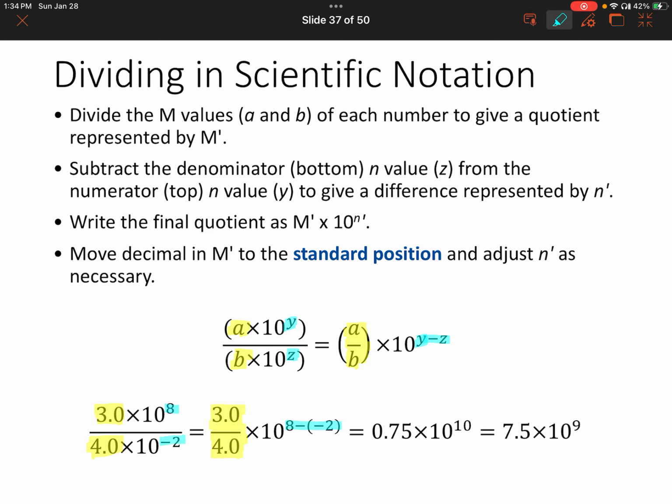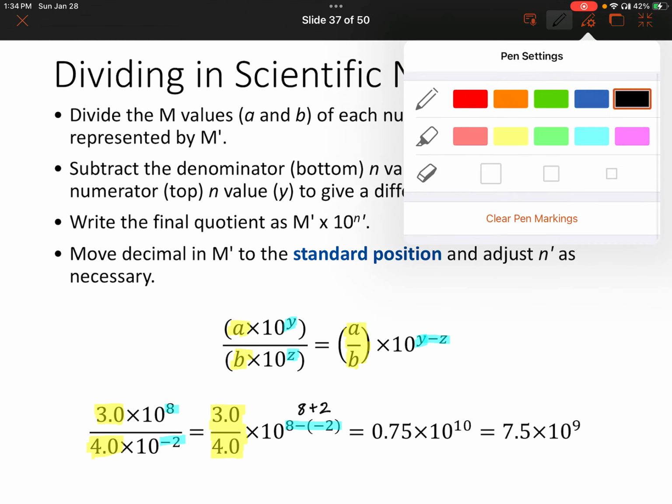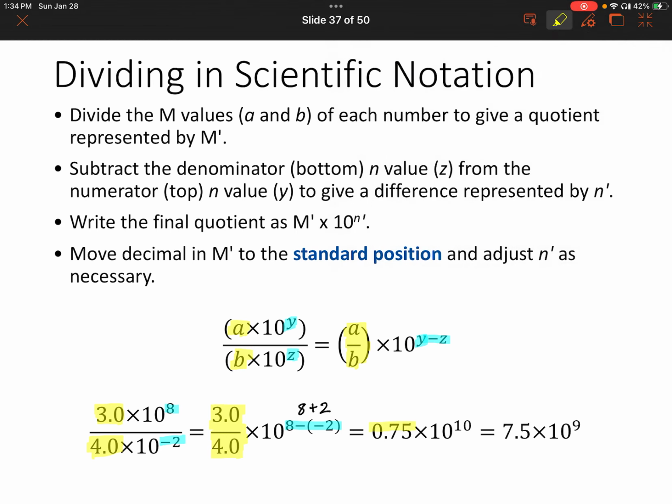Now remember, when you subtract a negative number, you're actually adding that number, right? So 8 minus -2 is actually 8 plus 2. So we could write that up above just as a reminder. So in the end, our coefficient will be 0.75 and our exponent is 10.